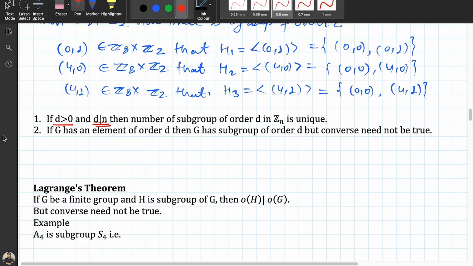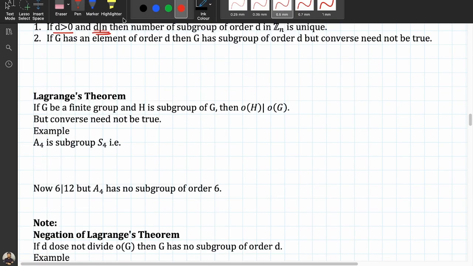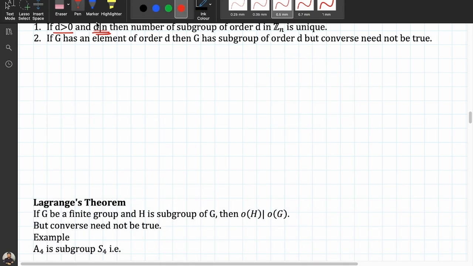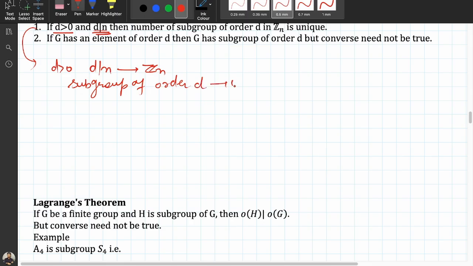What is the meaning of this? That we will see. Wait. It is saying that D is greater than 0 and D divides N, where Zn is the group. Then it is saying that the subgroup of order D is unique, means 1.